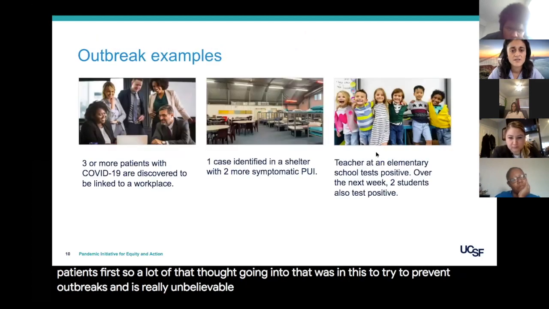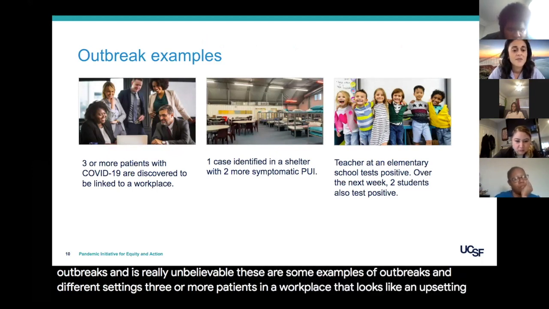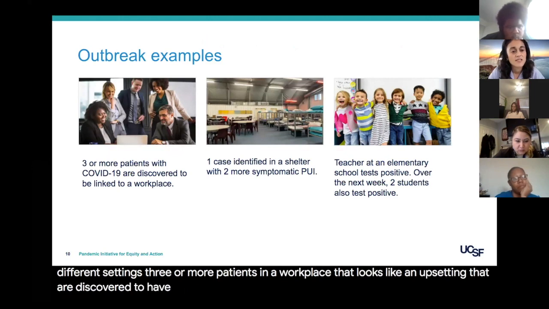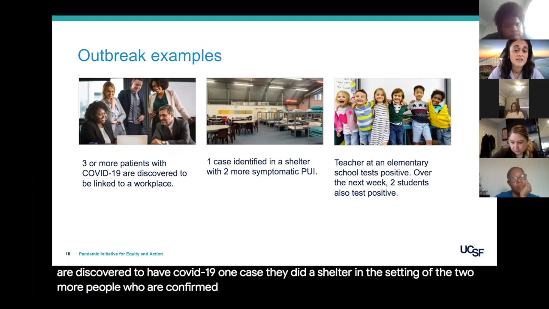So these are some examples of outbreaks in different settings. 3 or more patients in a workplace that looks like an office setting that are discovered to have COVID-19 and are lab confirmed cases. One case identified in a shelter in the setting of 2 more people who are confirmed cases and are symptomatic.